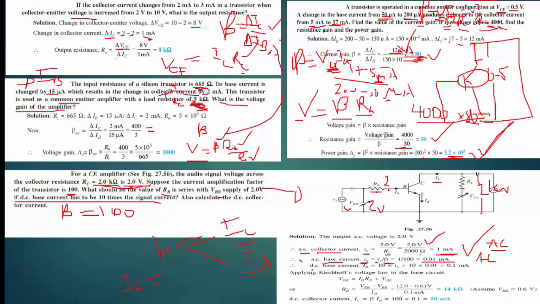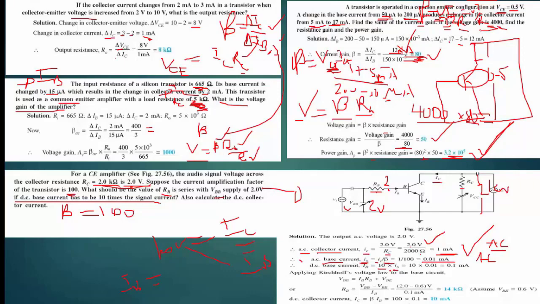But we know that the DC base current has to be 10 times the signal strength. When they say signal strength, it means signal inakuwa ni AC kawaida. Tukiongelea signal tunamaanisha AC.